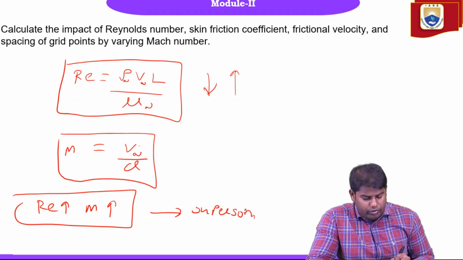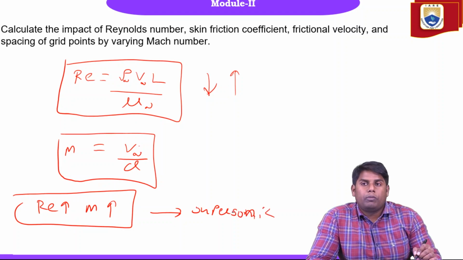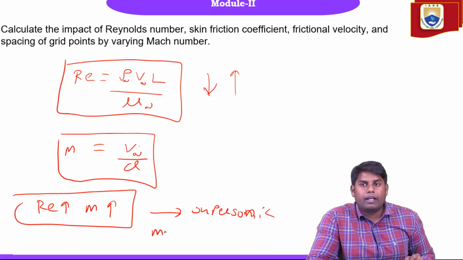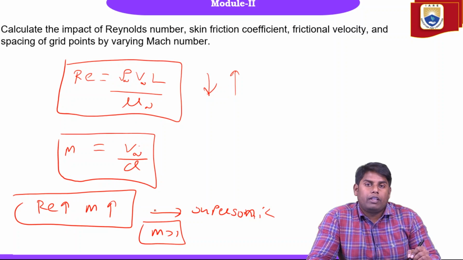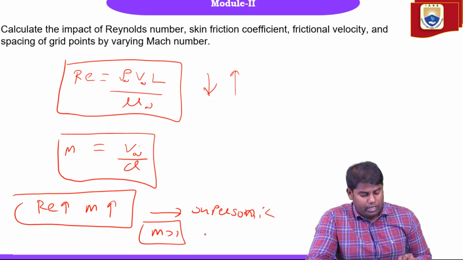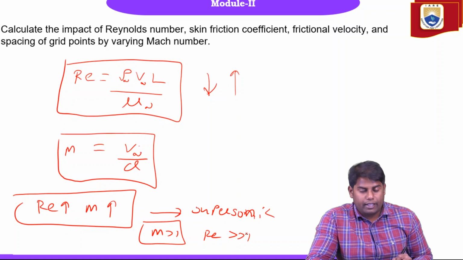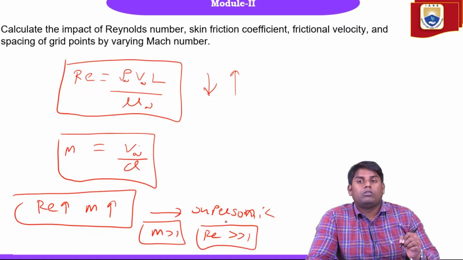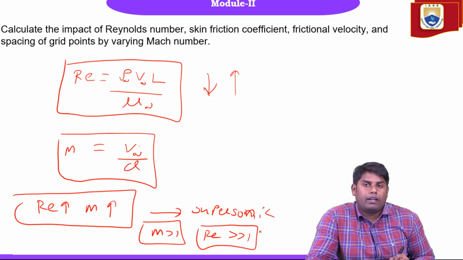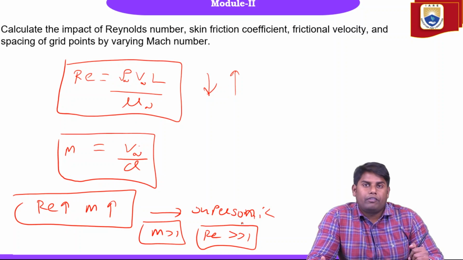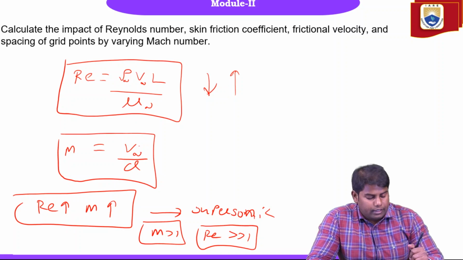For the supersonic case, you have Mach number greater than 1, and the Reynolds number is also very high. It may be greater than 10 to the power 5 or 10 to the power 6, but for convenience we are taking it as greater than 1. So if Re is very high, what happens?